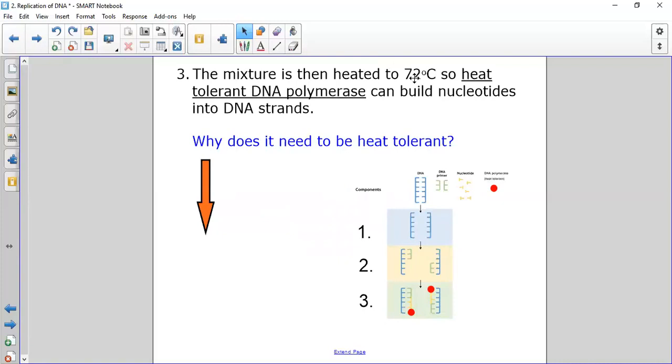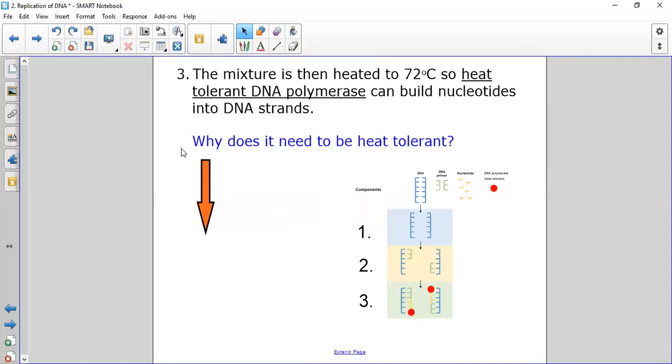We started really hot, then dropped down, and then went back up a little bit. That allows this red thing, called heat-tolerant DNA polymerase, to do what DNA polymerase does, which is add nucleotides to the DNA strand. You can see it's added these yellow free nucleotides on to either side.